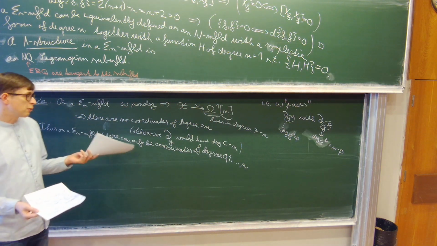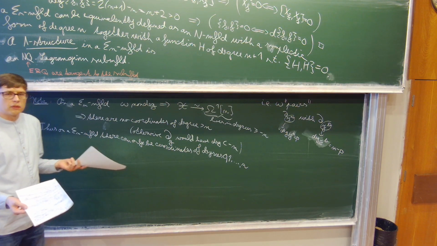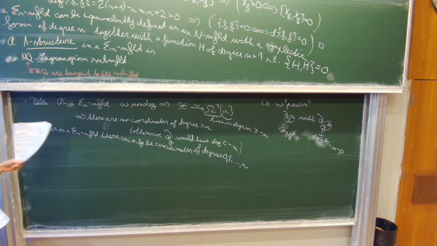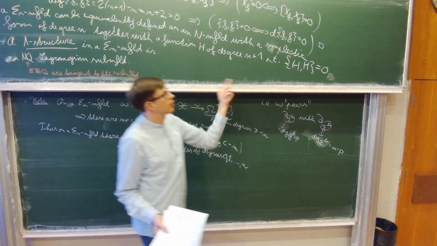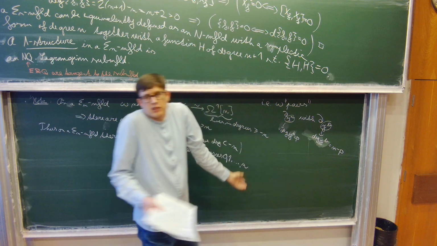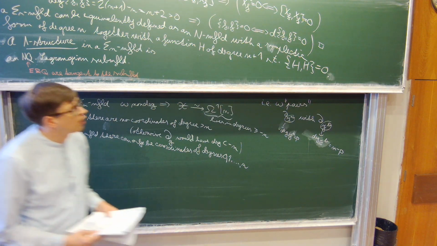So for instance, a sigma 0 manifold can only have coordinates of degree 0. So it's an ordinary manifold with a symplectic form of degree 0. So it's a symplectic manifold. There also needs to be a Hamiltonian function of degree 1, but if it has only coordinates of degree 0, well, it has to be 0. So a sigma 0 manifold is the same as a symplectic manifold. We will repeat that next time. Okay.